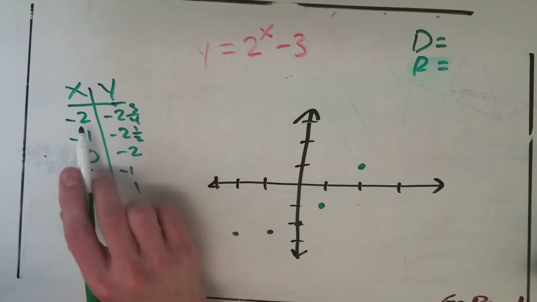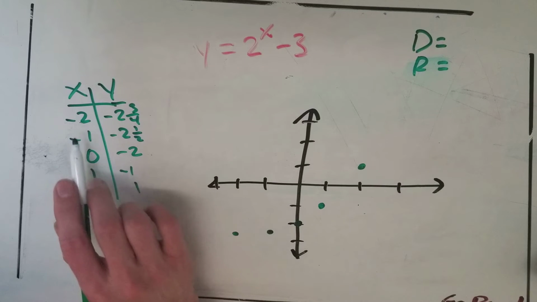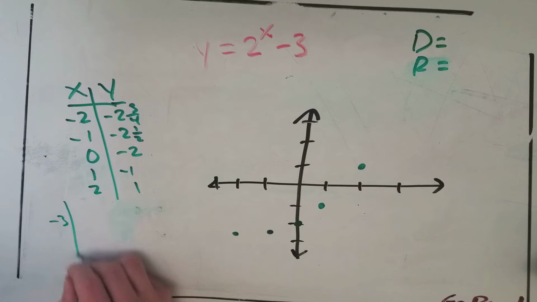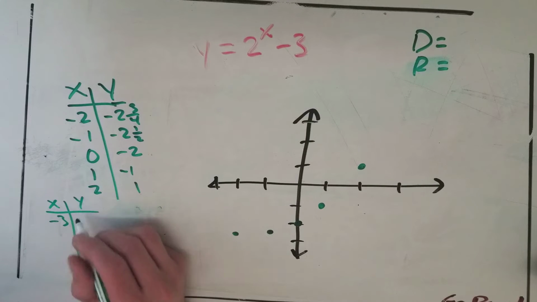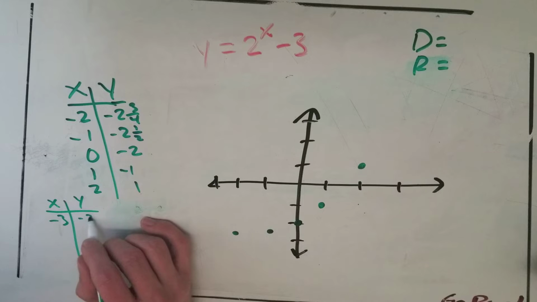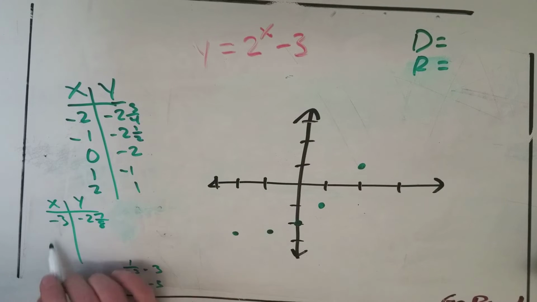If we were to continue this pattern, or look for a pattern here, if we were to say x is negative 3, our y would be 1 over 2 to the third minus 3. So 1/8 minus 3, which is negative 2 7/8.